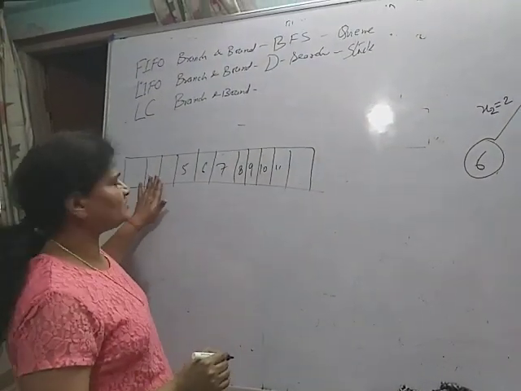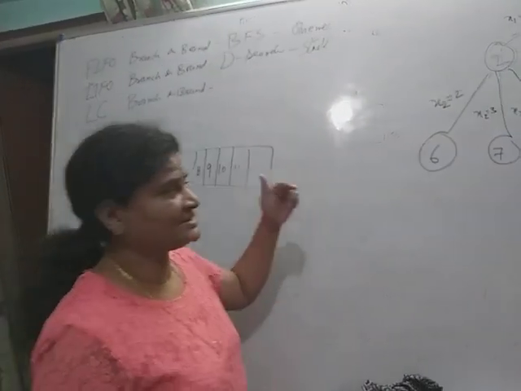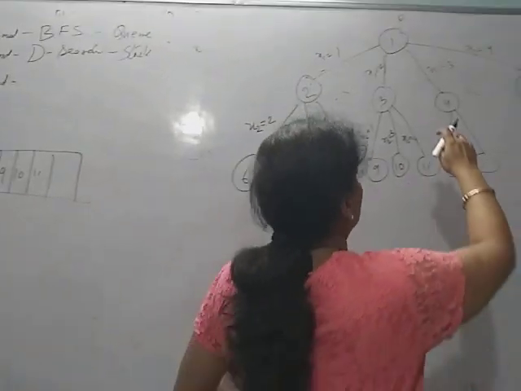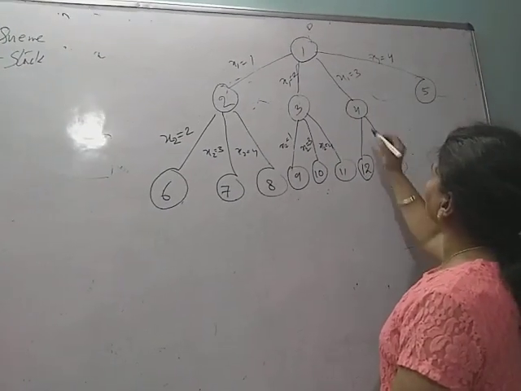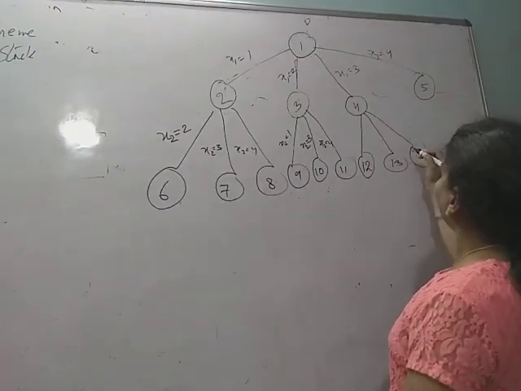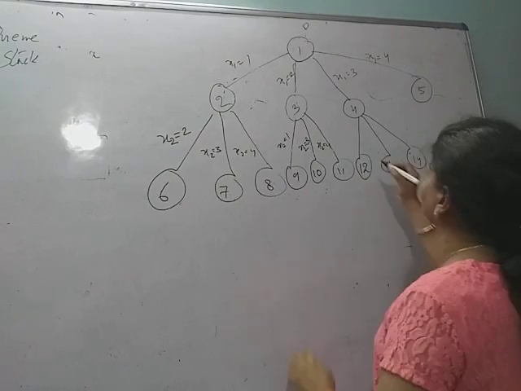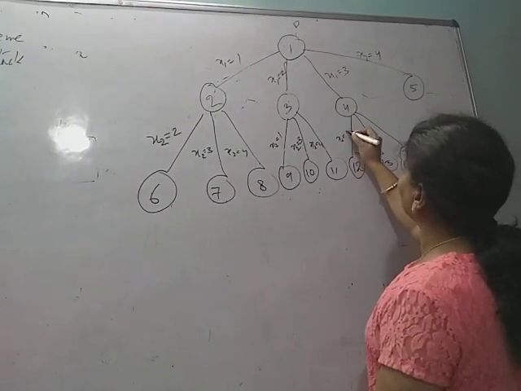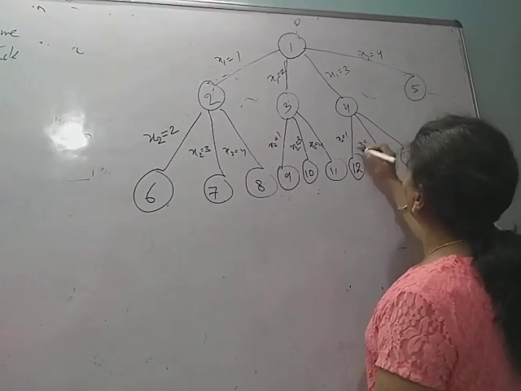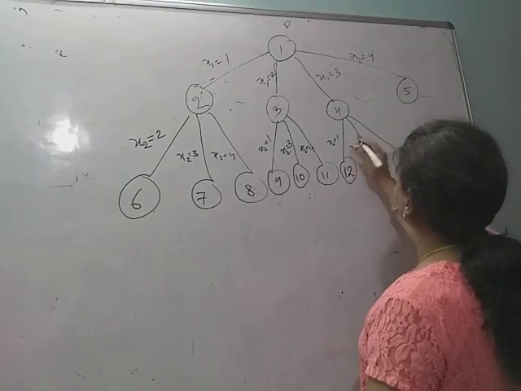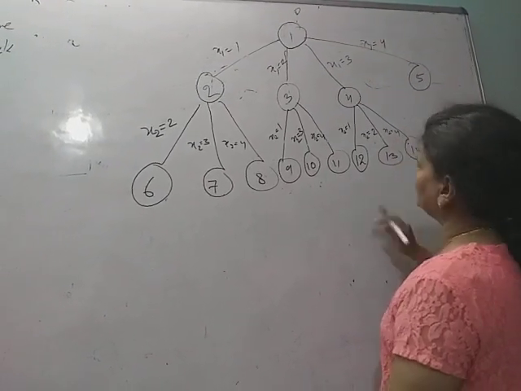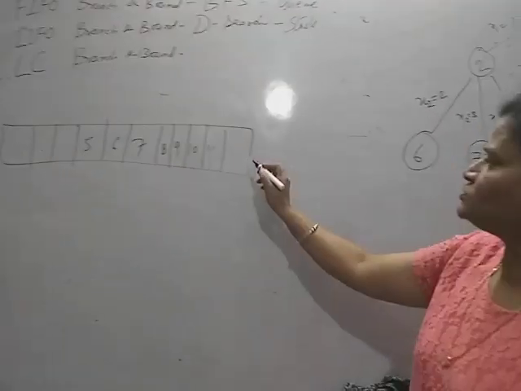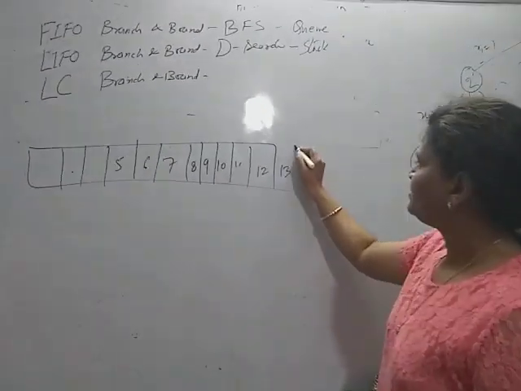The next E node will be the front element of the queue. From 4 we get 12, 13 and 14. So 12, 13, 14.